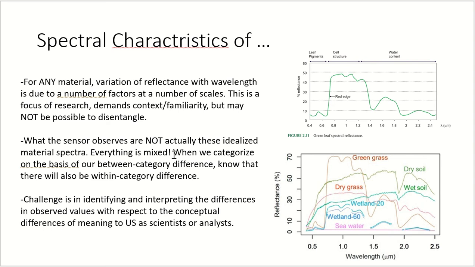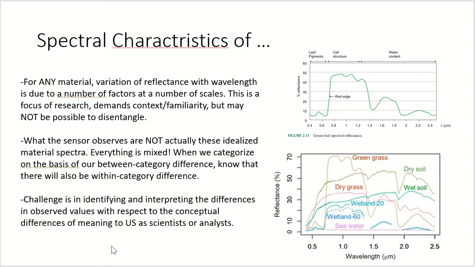When we categorize on the basis of between category difference, so between category meaning the difference between wet and dry grass, soil and water, for instance, we should recognize that because observations are mixed, what we call dry grass may vary itself, hopefully just a little bit. Hopefully it's something we can constrain, but it's going to vary. There's no perfect repeated everywhere profile for a given category of interest.